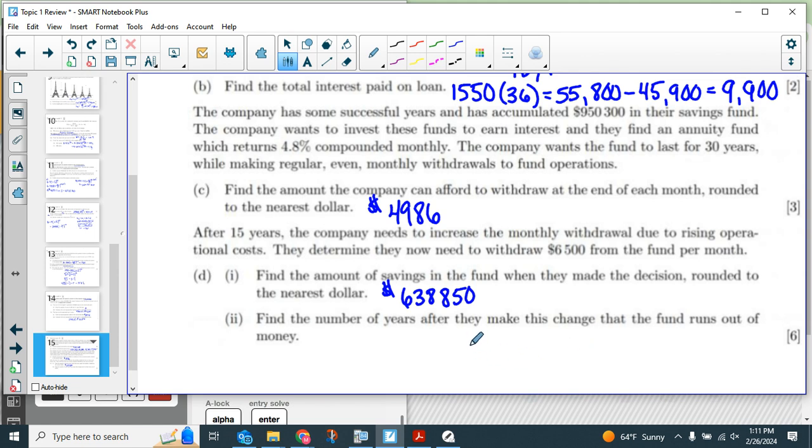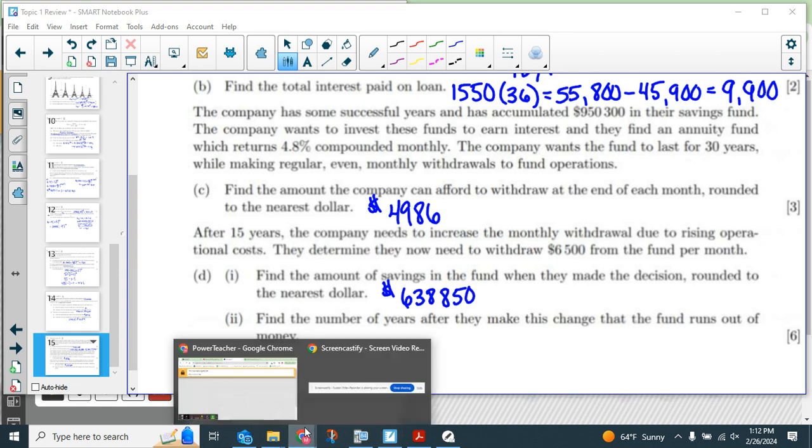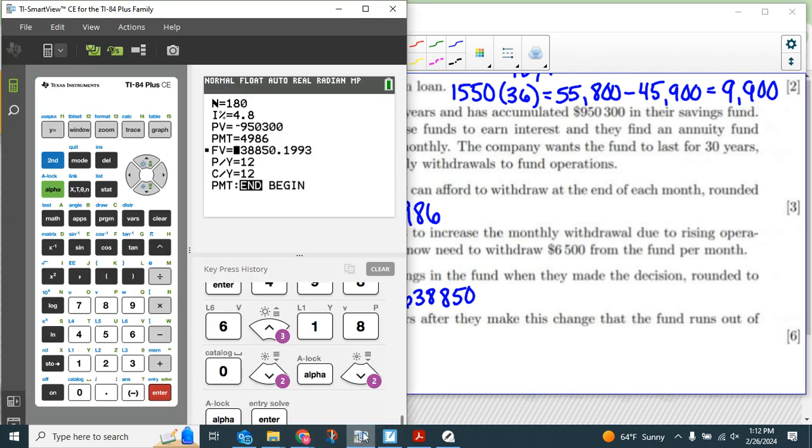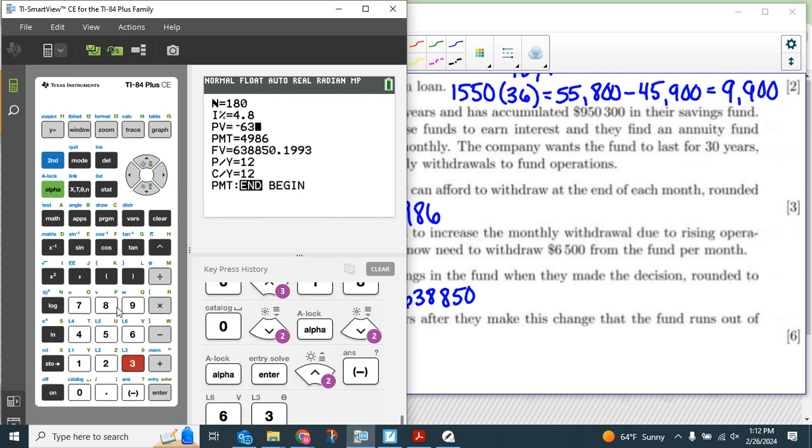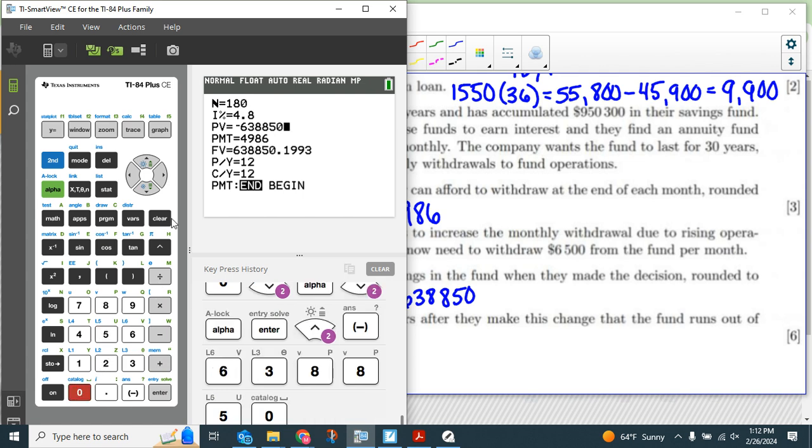Okay, find the number of years after they make this change that the fund runs out of money. Now we have to change a lot of stuff up in here. The present value is going to be this 638,850.